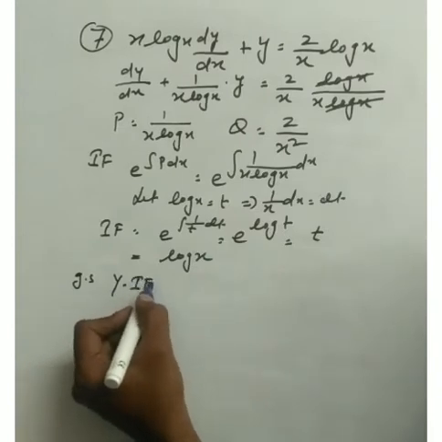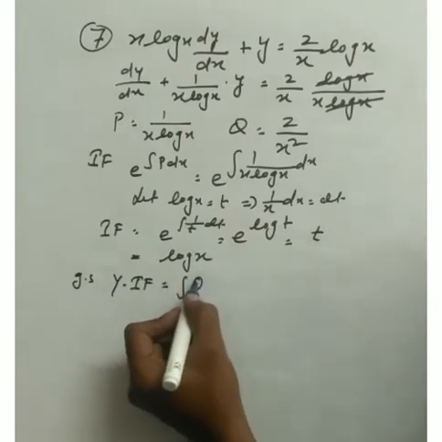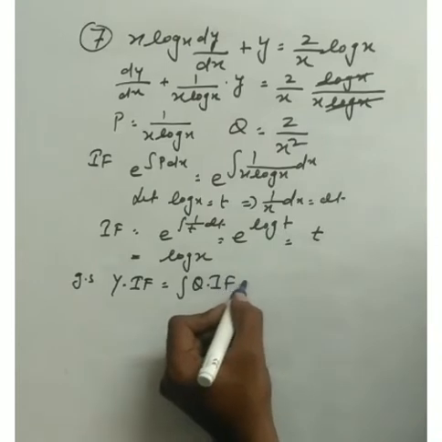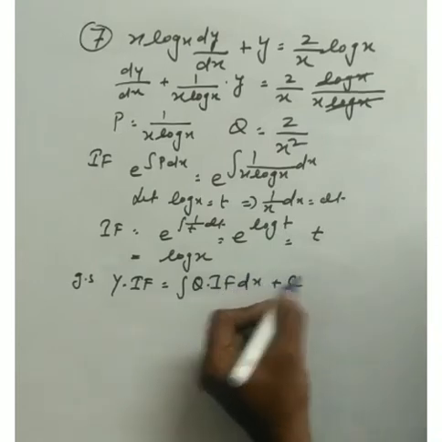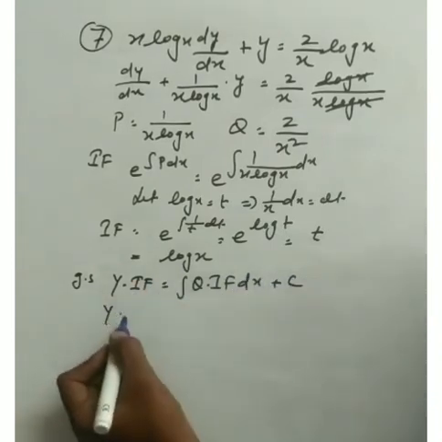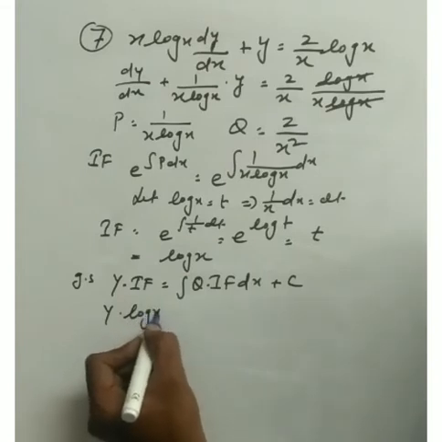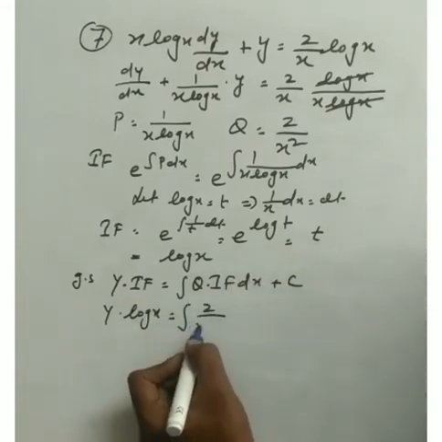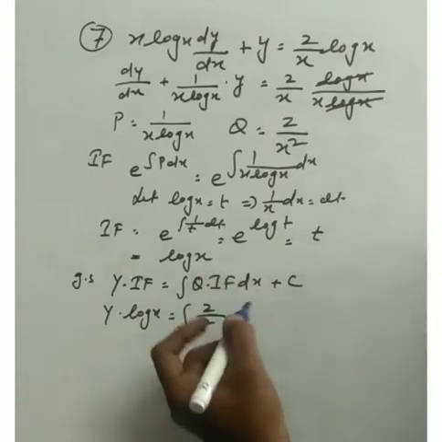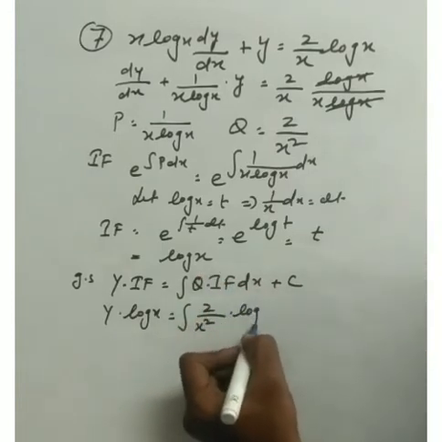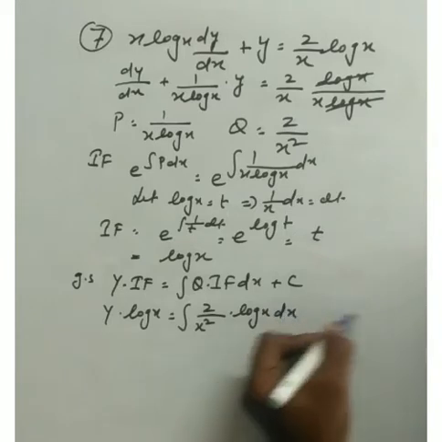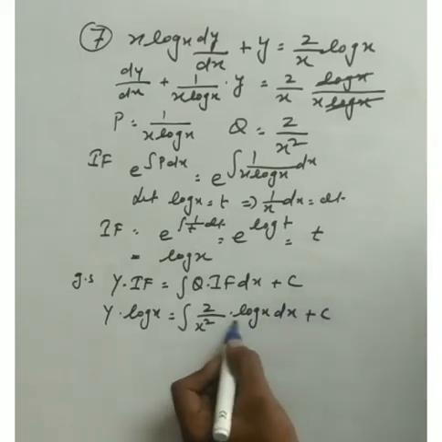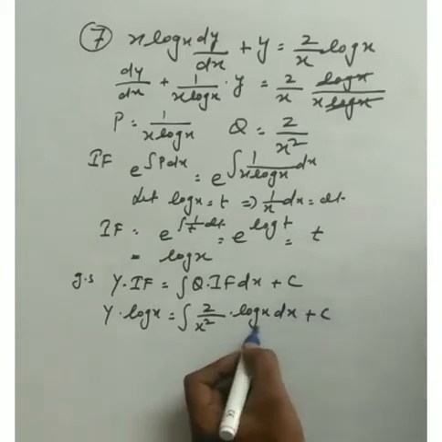Now general solution, y into IF equals integration of q into IF dx plus c. Y into IF is log of x. Integration of q, q is 2 upon x square, and IF is log x, dx plus c. Here we have to integrate by parts.